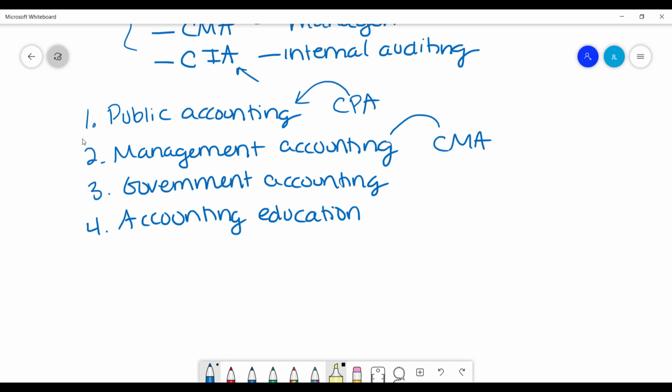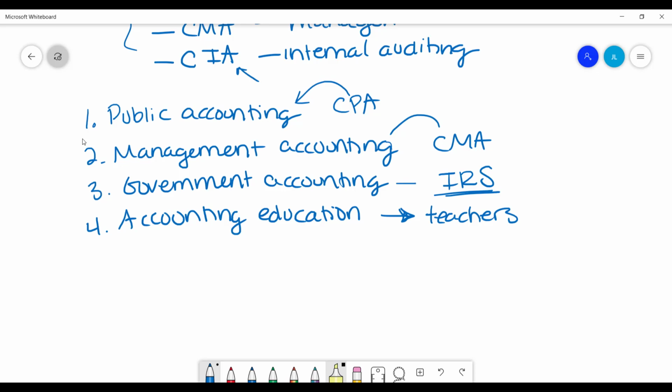Government accounting would refer to, let's say, those accountants that go in and actually do the accounting for certain governmental agencies, even if you decide to work for the IRS, for example, right? That would be part of that category. Accounting and education, if you decide to teach, right? Like I decided to do, or even if you're involved with some of those professional organizations as well.